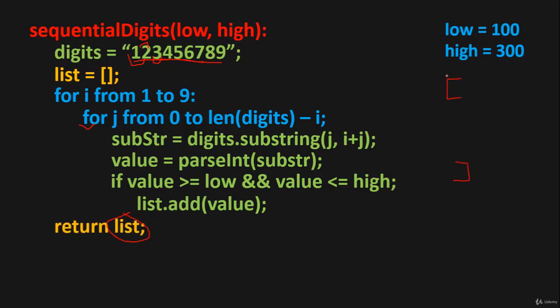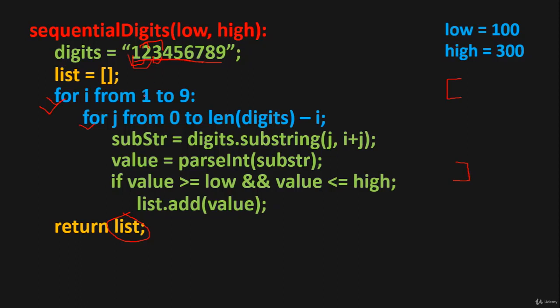Let's suppose that this is our list. Now how can we populate this list when we have low equals 100 and high equals 300? For the next iteration of this loop we'll generate the sequential digits of length 2: 1 2, 2 3, 3 4, like that. Then for the next iteration we have i equals 3.